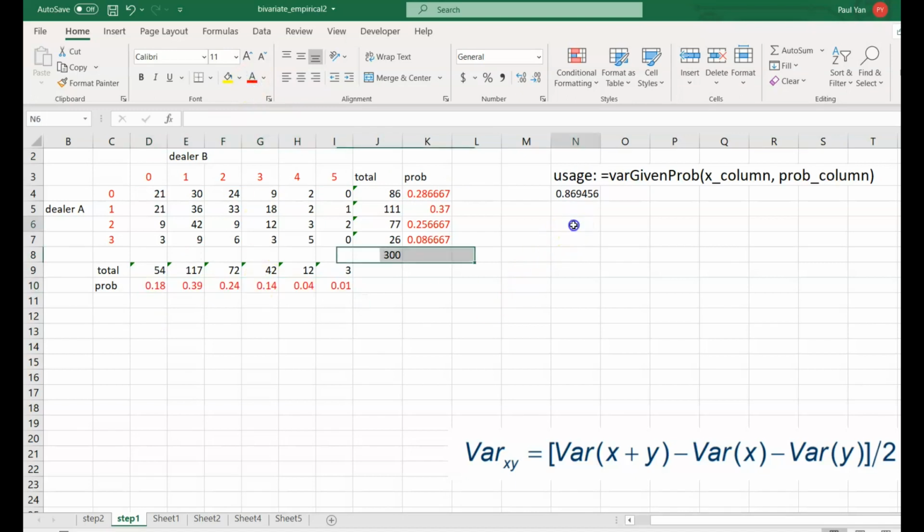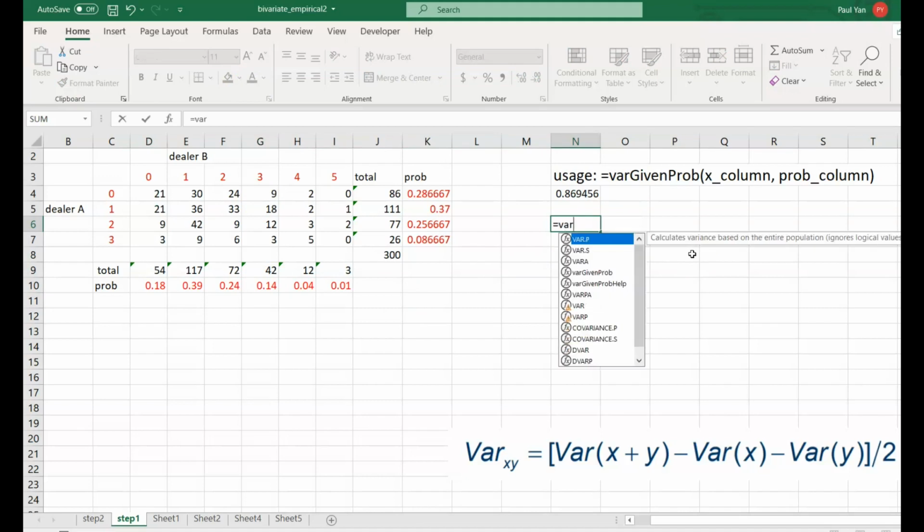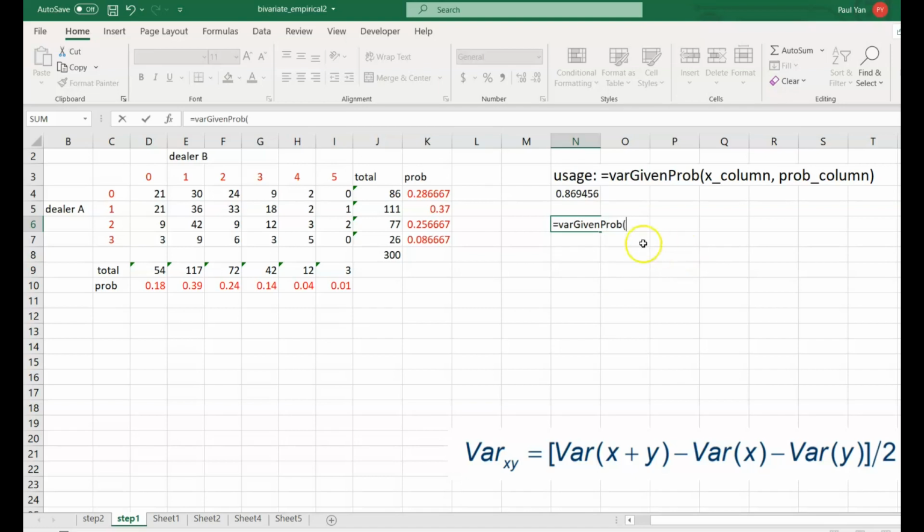Okay, so let's look at B. So this is VAR.GIVEN.PROB. We know this is the X row, comma, and this is the corresponding probability. Then we got our value.